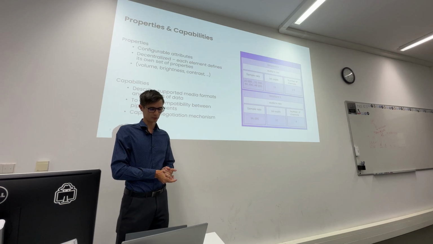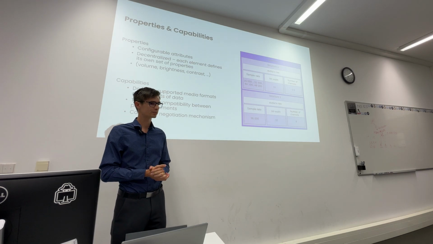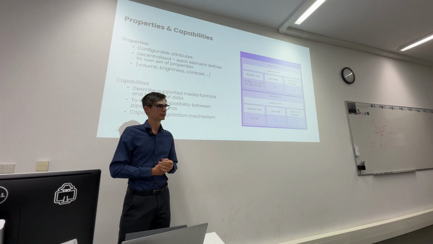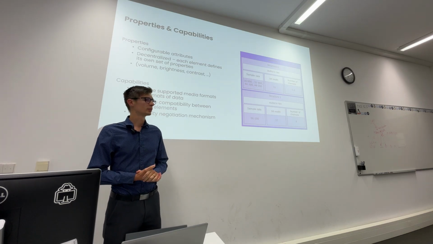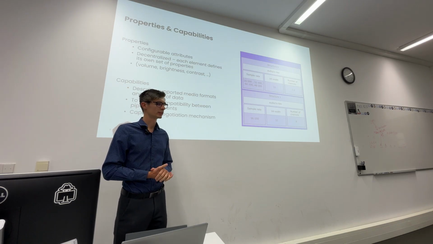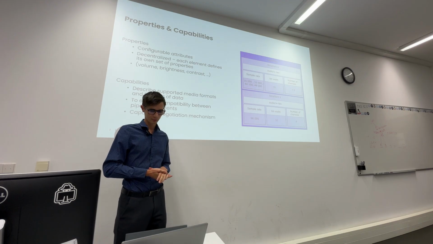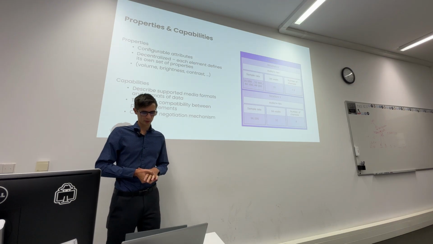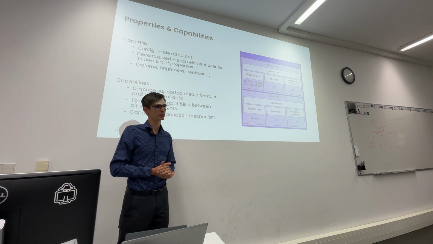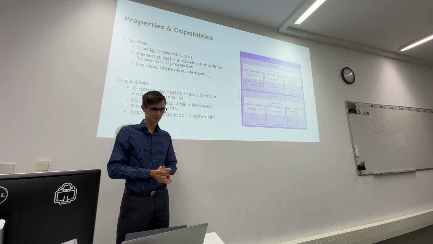So it means that each element has its own specific properties, but capabilities, on the other hand, describe the supported media formats and formats of data which the element can process. For example, they describe whether the element can process audio data in raw format or in a compressed format like MP3. They also describe which sample rates, bit widths, or number of channels the element can handle.